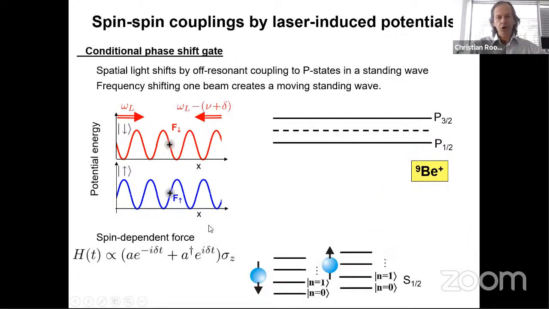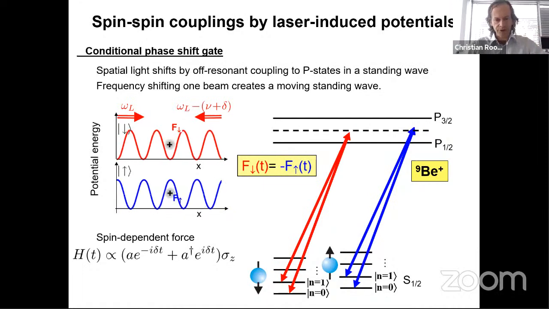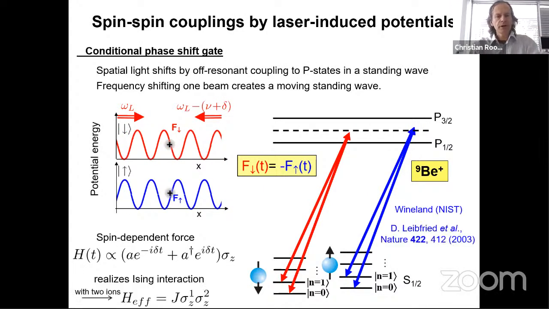And by working with a moving standing wave, which you can achieve by detuning the frequency of one laser with respect to the other counterpropagating laser, you can once again turn this into a time-dependent Hamiltonian that induces a coupling that can be described by these geometric phase gates. So this is a graphical representation of the standing waves moving over the position of the ion.